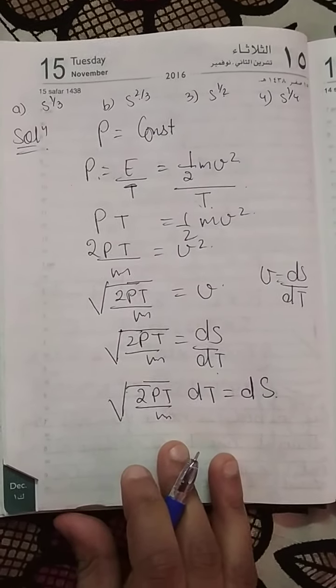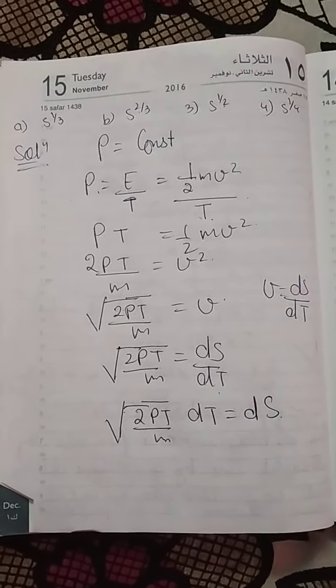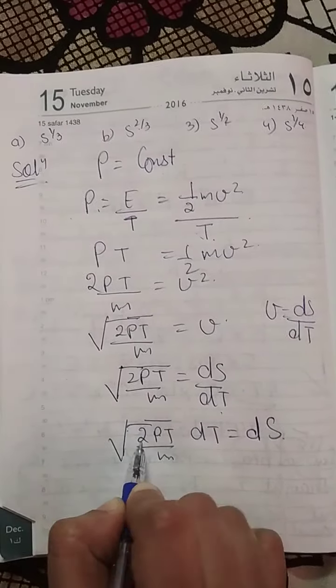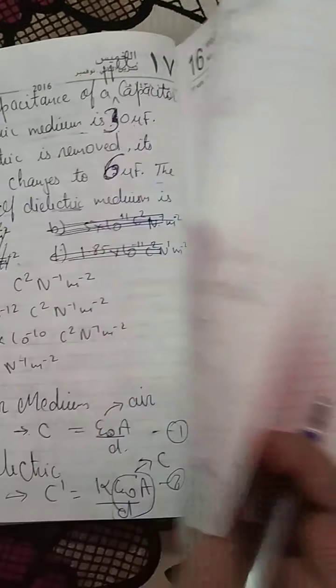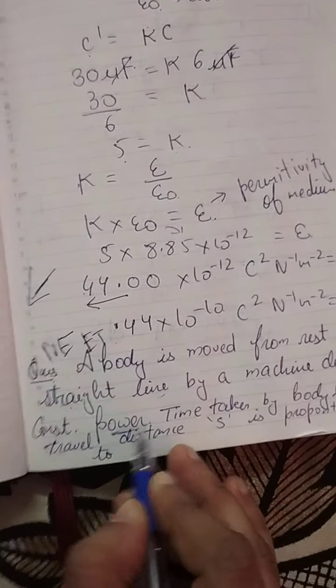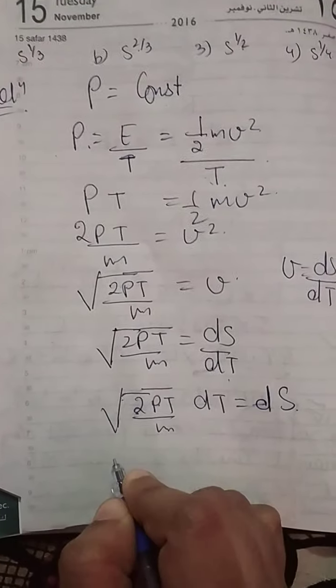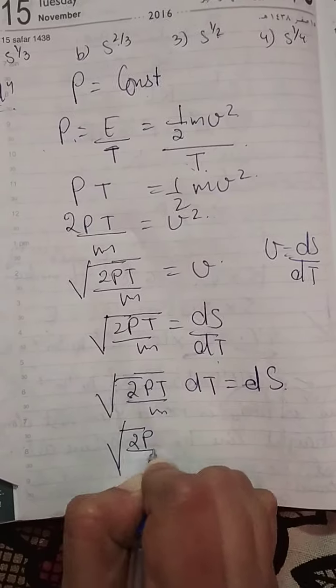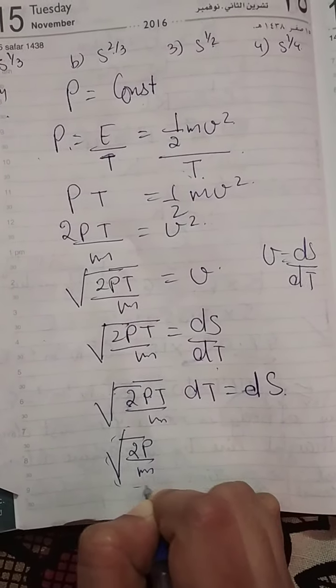Yes. Now students, look carefully. 2 is constant. In the question they have said the body is moving from rest by constant power, so power is also constant. So under root of 2P by m is whole constant.